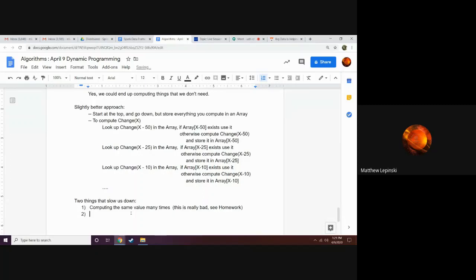So when I say many times, I mean you could end up with the right input computing change of 6 over and over and over again. So this is really bad. It is less bad to compute a value that you don't end up needing. This is less bad, but we can solve both problems.